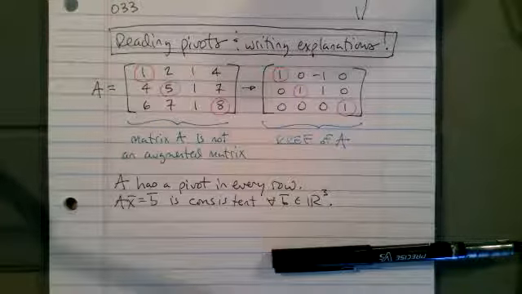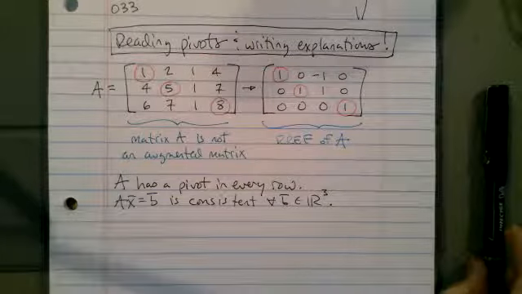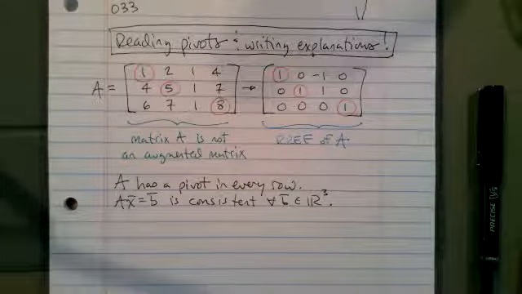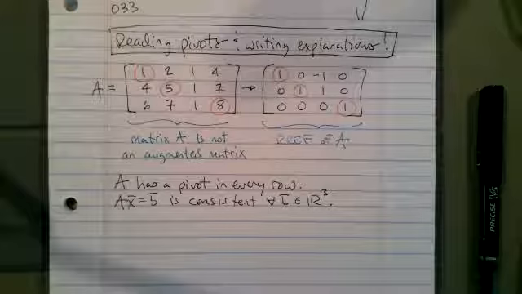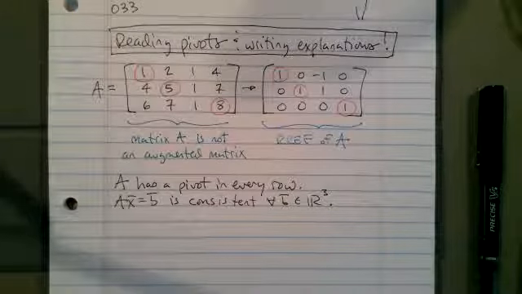We could say AX equals B is consistent for all B in R3 since A has a pivot in every row. Now we're done. Anything else we write, we risk messing something up.